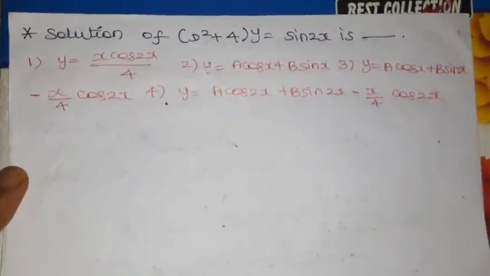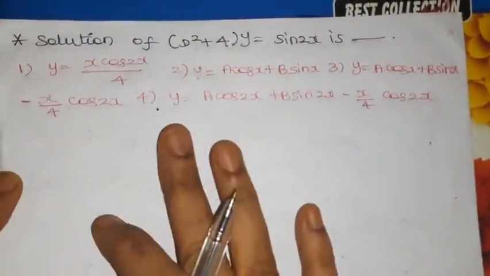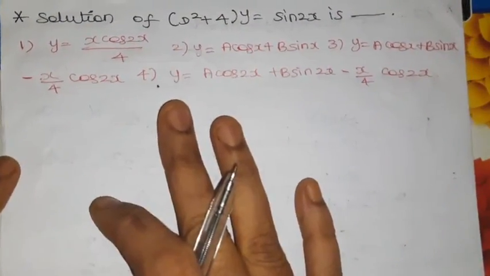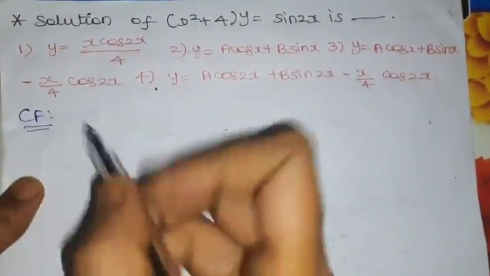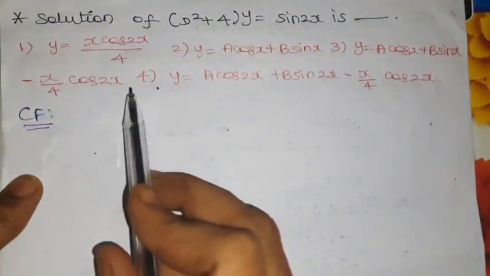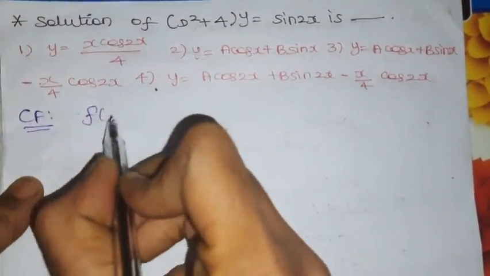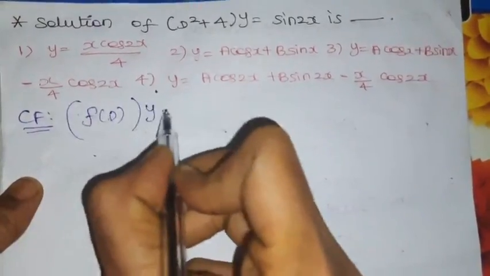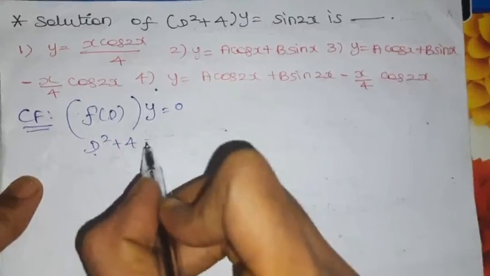Solution of the given differential function. So, solution means we need to find both the complementary function and the particular integral. Okay, first we will find the complementary function. For finding the complementary function, we need to assume RHS equal to 0, f of d into y equal to 0. f of d is nothing but d squared plus 4 equal to 0.